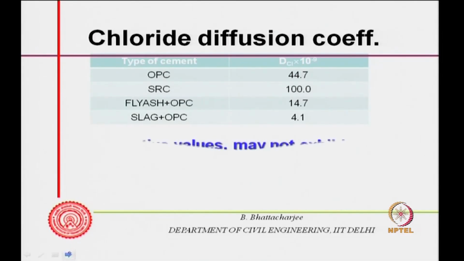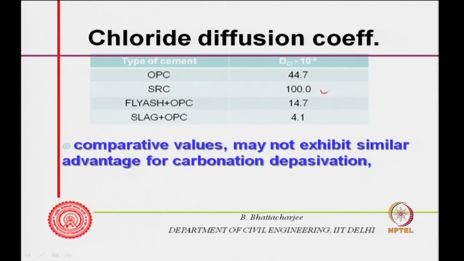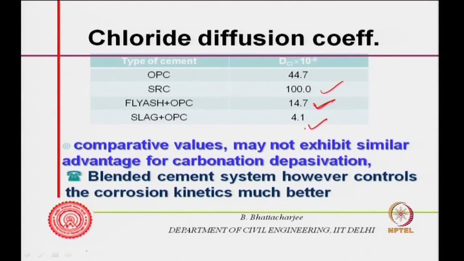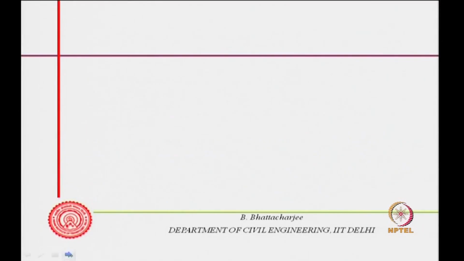On the chloride diffusion coefficient, it has been seen that sulphate resistant cement gives a high chloride diffusion coefficient compared to slag OPC combination or fly ash OPC combination. So, sulphate resisting cement is no good for chloride situations. Blended cements, however, control the corrosion kinetics much better, that is well understood. But with respect to carbonation, of course, we have already said that this may not be very good.